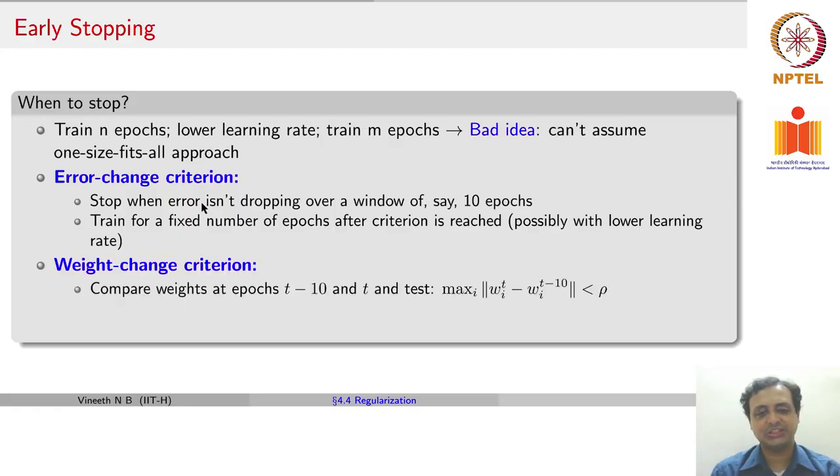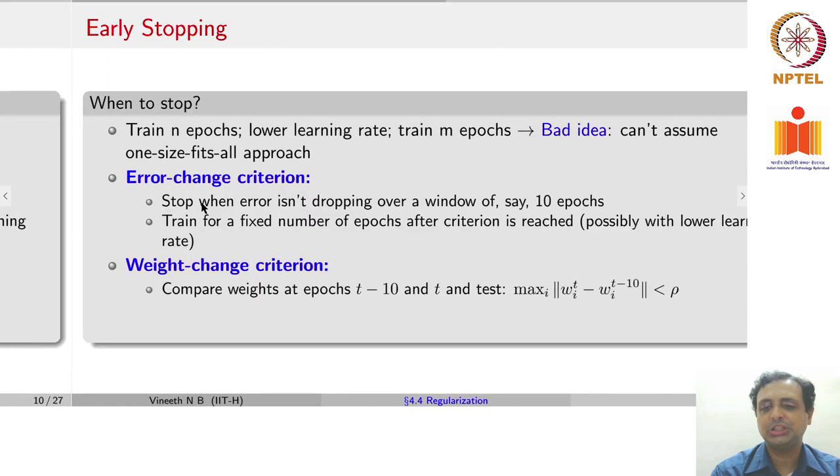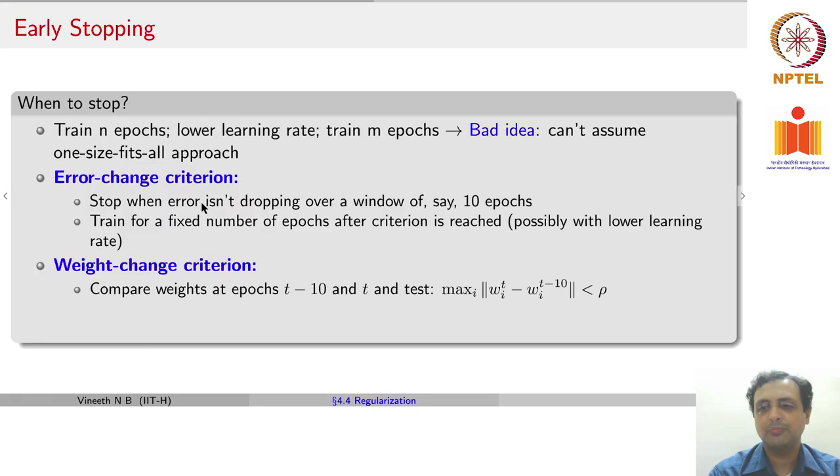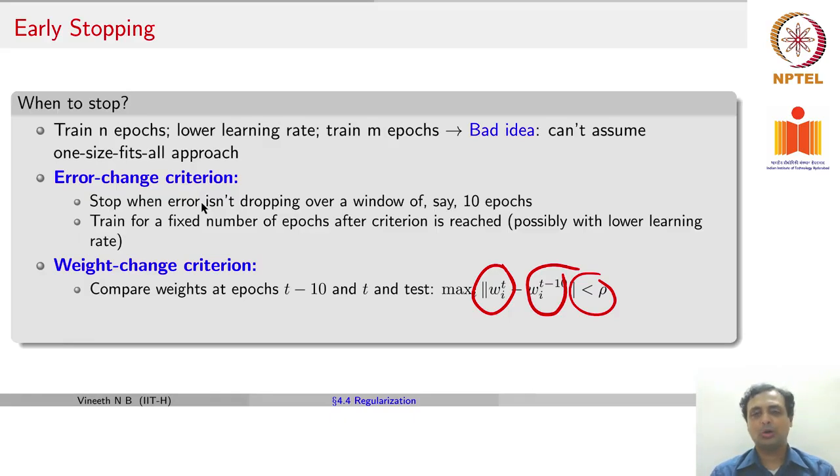Another heuristic is a weight change criterion. You can compare the weights at an iteration or an epoch that was at t minus 10 and at t, which is your current iteration, and you can test if the maximum weight change is bounded by a value. Why do we say maximum weight change? If we simply take the L2 norm of the weight change between the earlier iteration and this iteration, that could be less than rho because there were some weights that were not changing, but some weights were changing by a large amount, and you may have decided that the L2 norm of the weight change is fairly small.